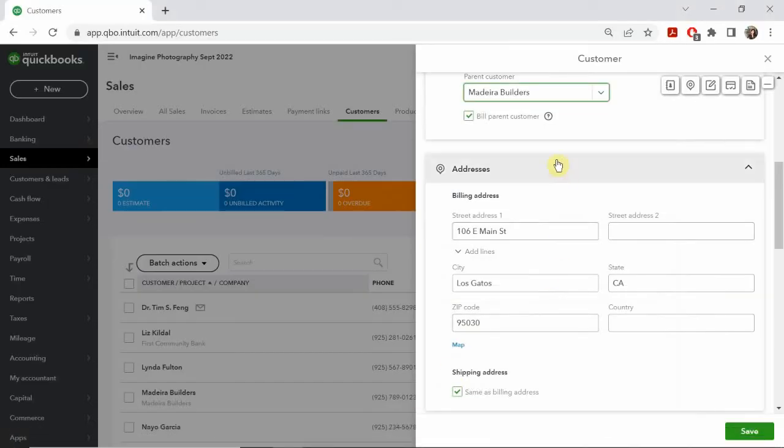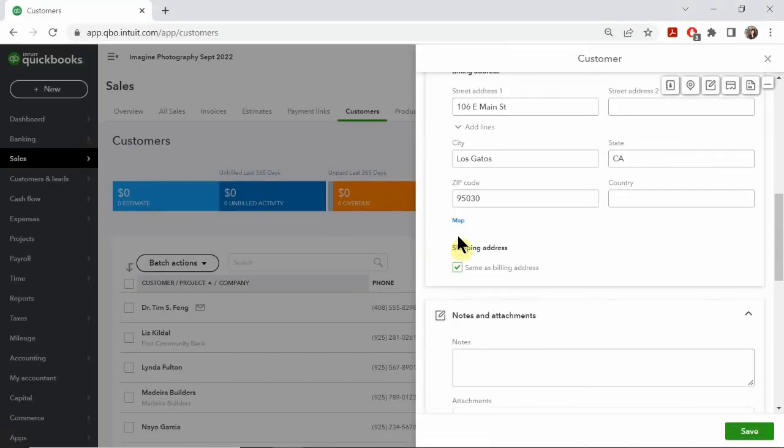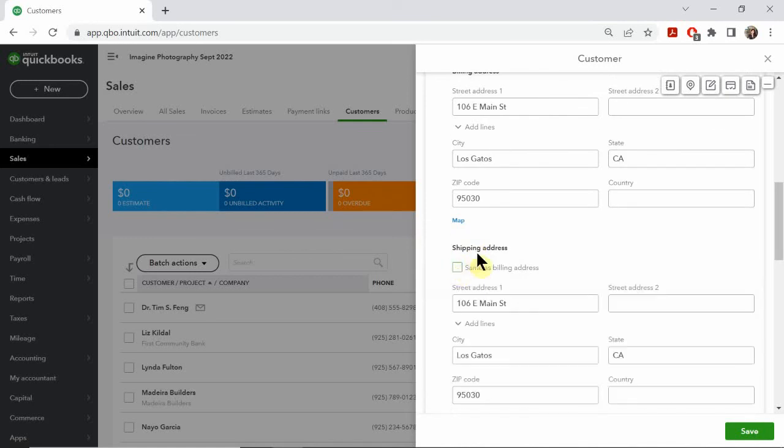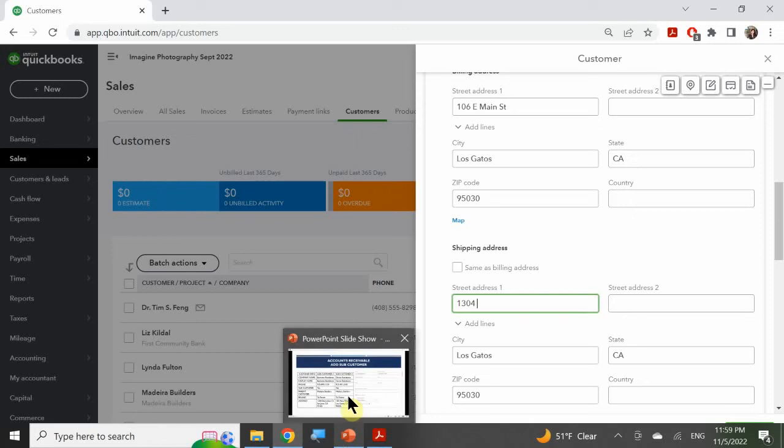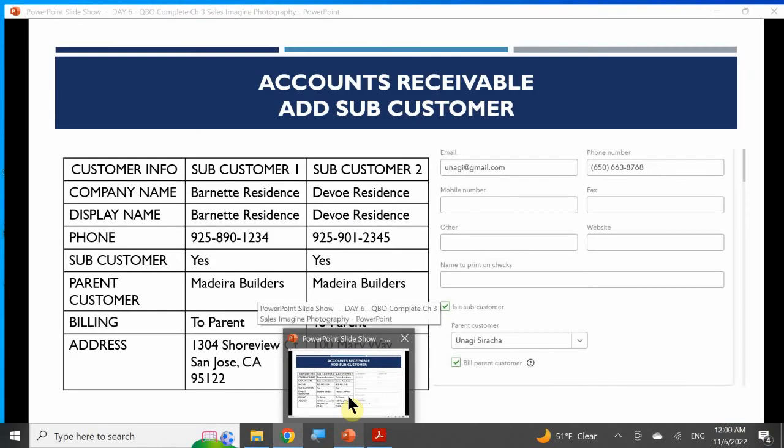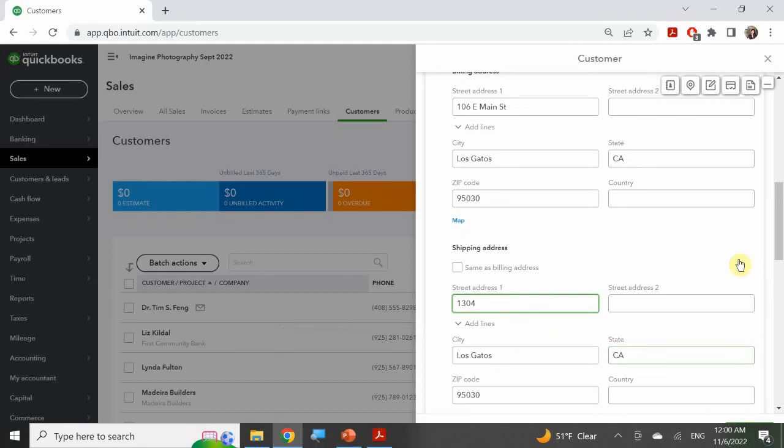So you have the billing address in there, but the shipping address is not going to be the same, right? Your shipping address is going to be different. It's going to be 1304 Shoreview Court, San Jose, California, 95122.